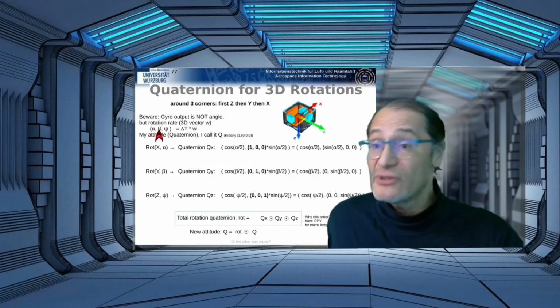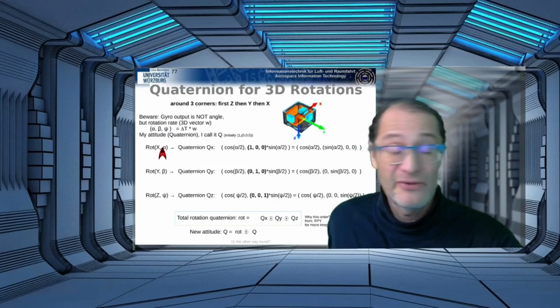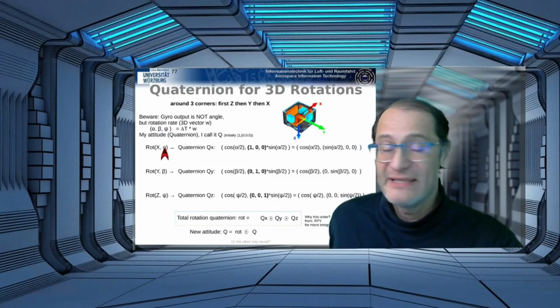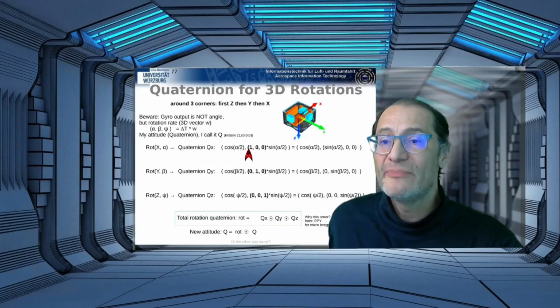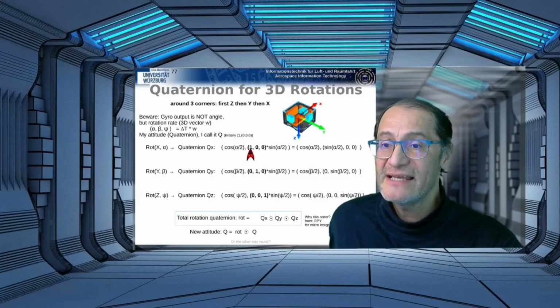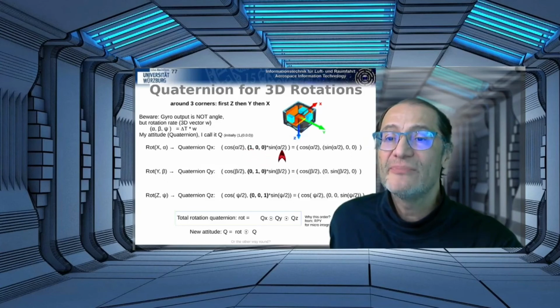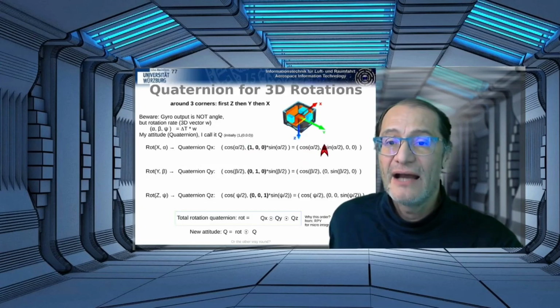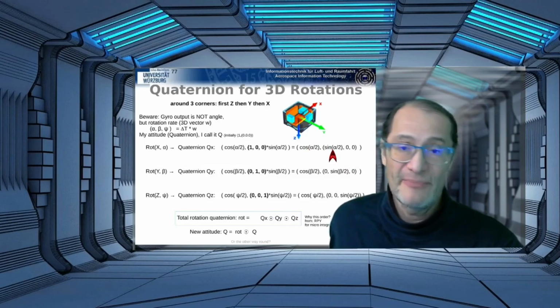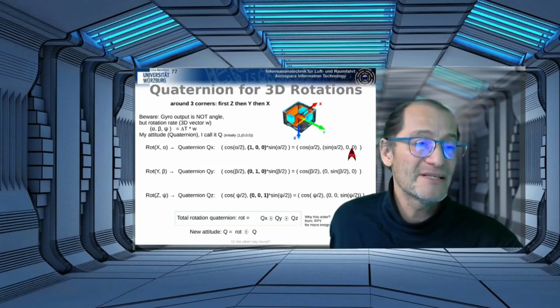Then to create this rotor for X, with the angle alpha, do you remember the definition of the quaternion? It is the cosine of alpha plus the rotation vector, in this case X is 1, 0, 0, multiplied by sine. So the resulting quaternion will be the cosine of half alpha, plus this vector times sine of half alpha, comma, 0, comma, 0.